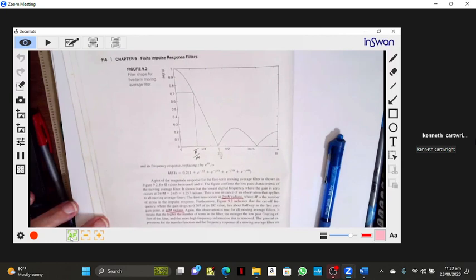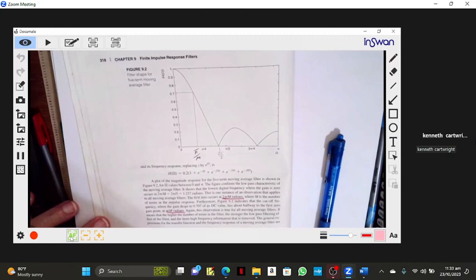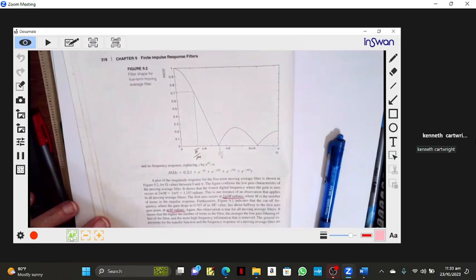In this case, the maximum value is 1, so 70% is 0.7. What's 0.7 in dB? Put 0.7 into your calculator and calculate how much dB that is.